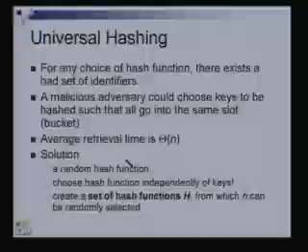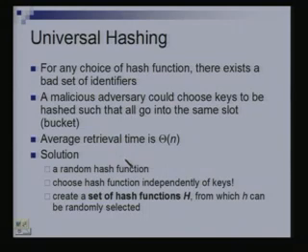So one solution I can employ is that I don't even tell you what hash function I am going to use. I say I am going to have a bunch of hash functions, let us say 15 different hash functions, and before the process starts, I randomly pick one hash function out of these, and then for the keys that you give me, I use this hash function to put the keys into the table.